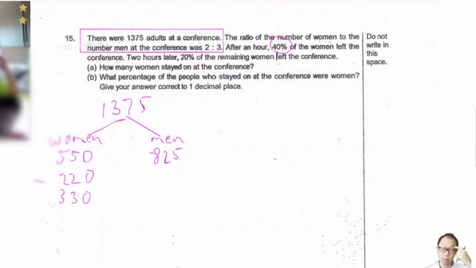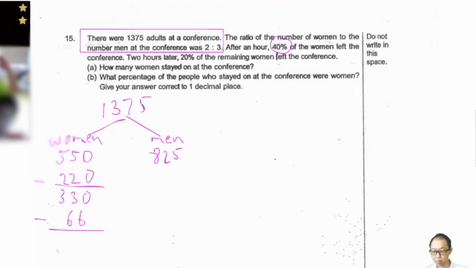Then 2 hours later, 20% of the remaining women left again. So minus 20%. 330 times 0.2 is 66. Then 330 minus 66 is 264.